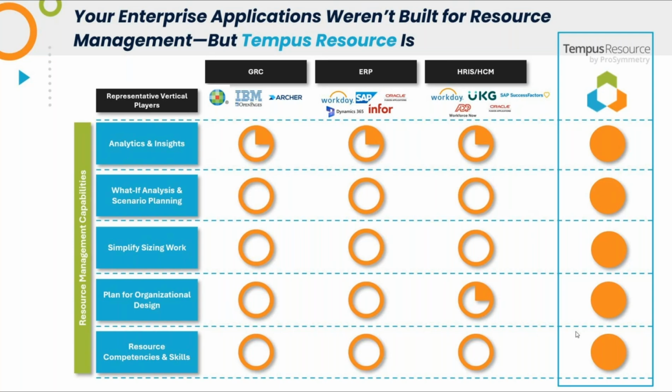Stepping through these blue boxes here, Tempus is going to help you fill all these gaps where none of these products are going to solve them directly. It's going to give you real-time visibility into resource capacity, utilization, and gaps, essential for making informed decisions through analytics, insight, and what-if analysis capabilities that we'll talk through.